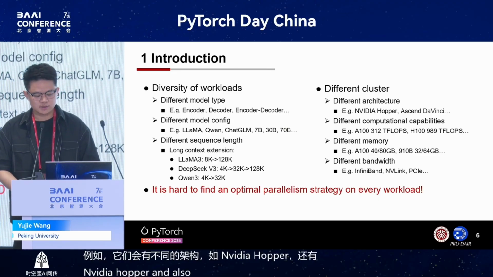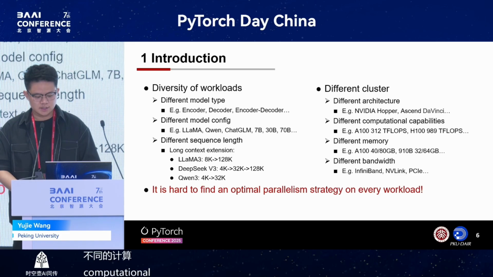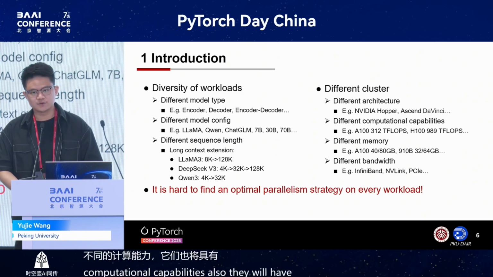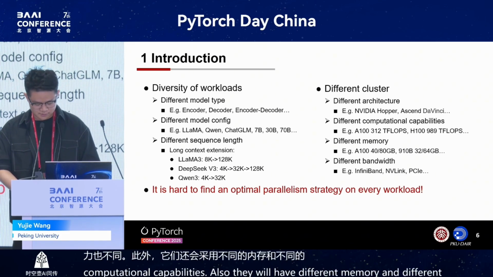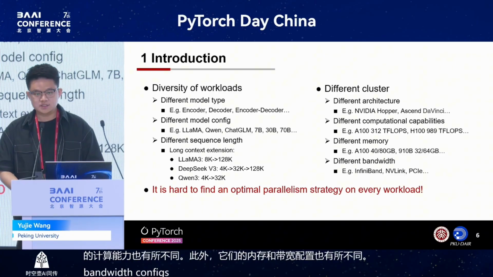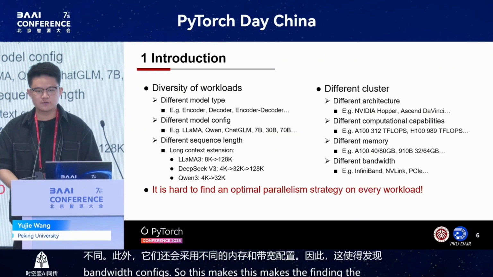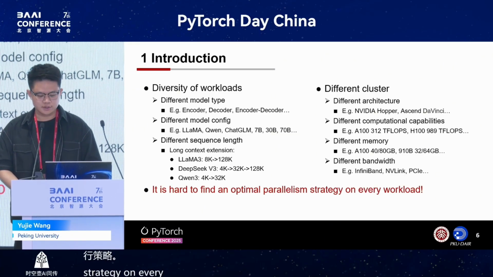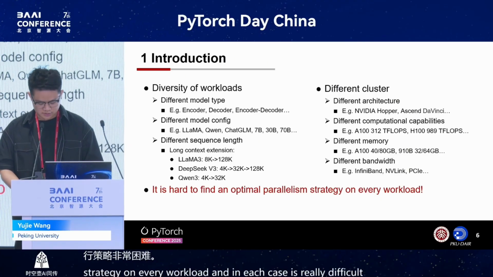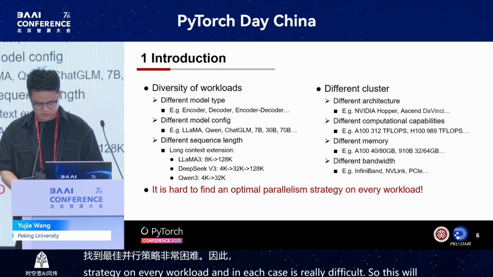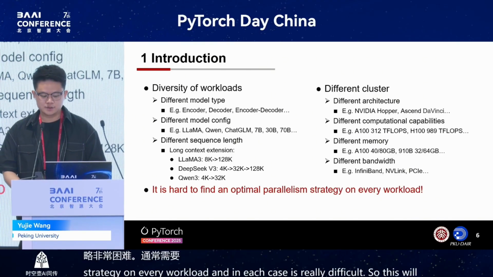They will also have different computational capabilities, different memory, and different bandwidth configs. So finding the optimal parallel strategy on every workload and in each case is really difficult, and it usually requires significant manual tuning.